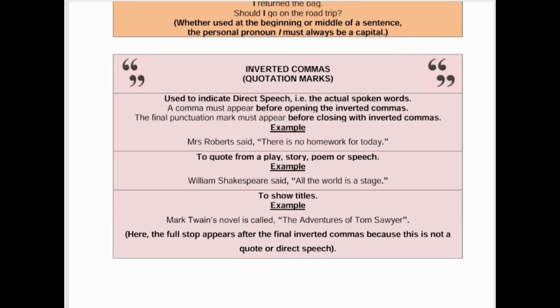So from that statement, the inverted commas have been used to show the title. The Adventures of Tom Sawyer is the title of the novel that Mark Twain wrote, and it should be written in inverted commas.